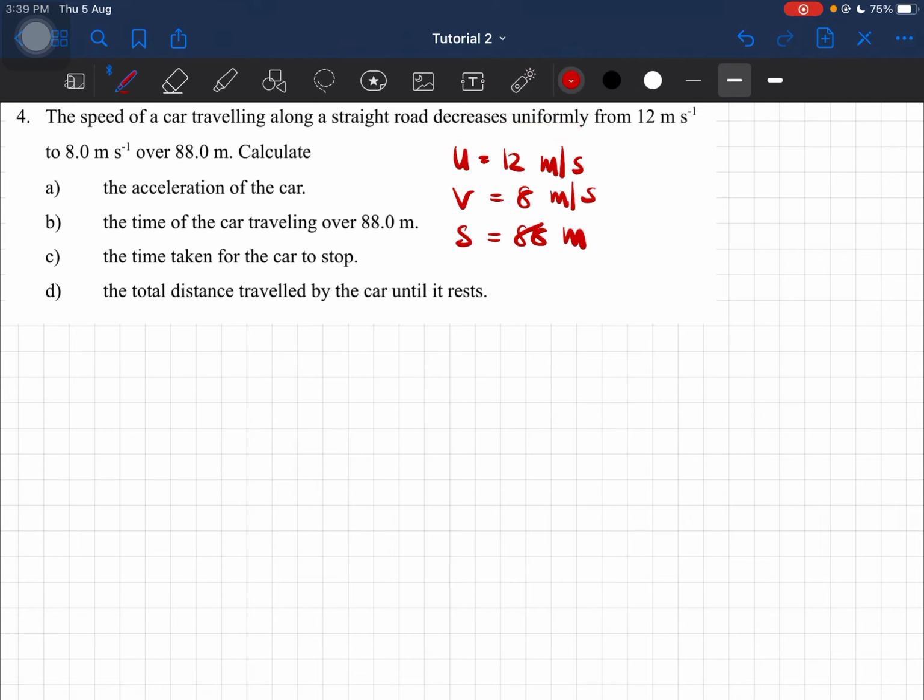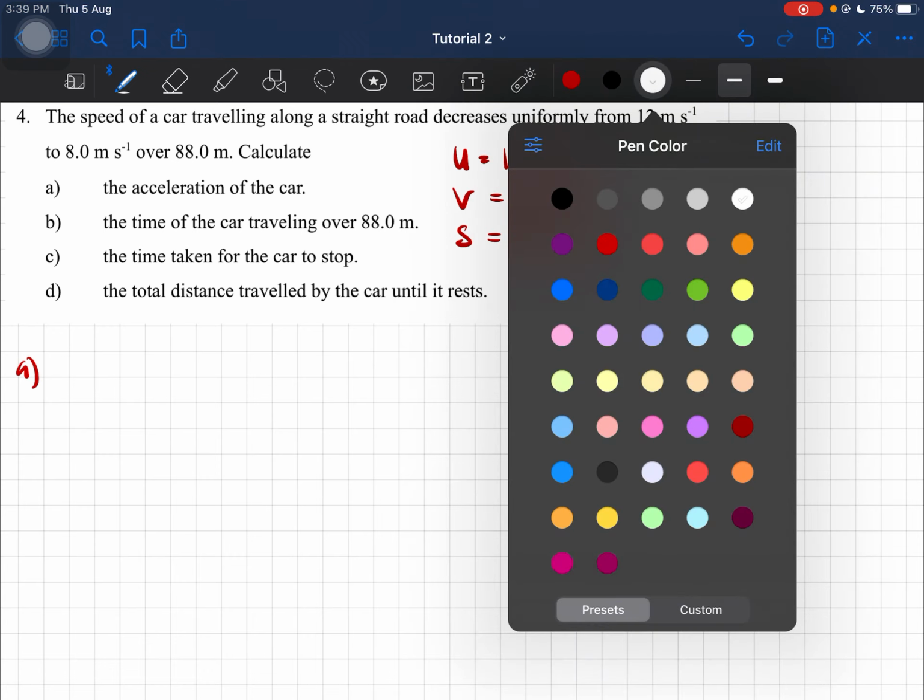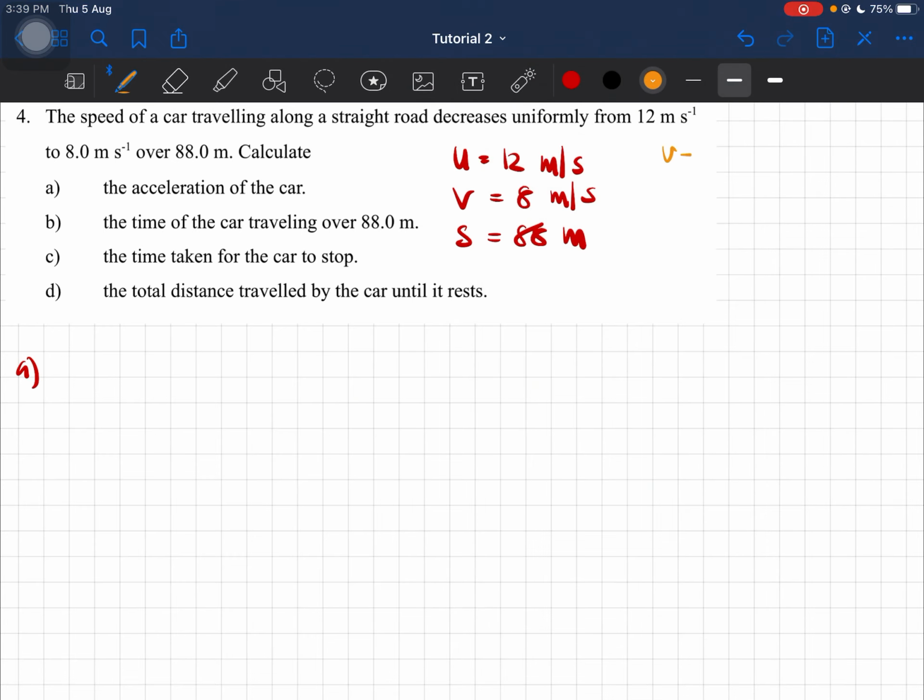Okay, so we can use what formula? If you can't remember, you can just write down the formula at the side. We have v = u + at, s = ut + half at square, and then we have v square = u square + 2as. Okay, so now we have to find the acceleration of the car.